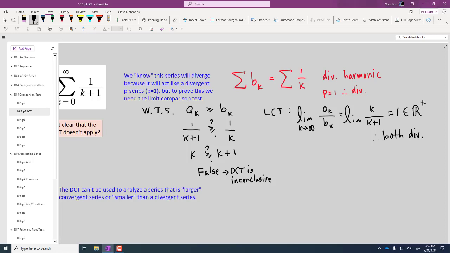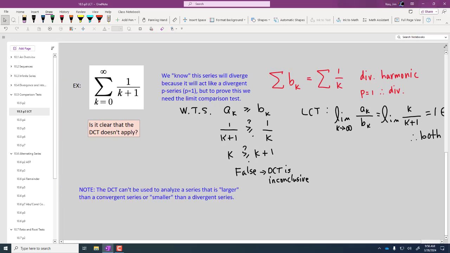Since the B sub k that we chose diverges, and we get a limit that's a positive real, then both do the same thing. They are joined. We couldn't show bigger than diverging diverges here, but we can use the limit comparison test to show the next best thing: they are doing the same thing, diverging.